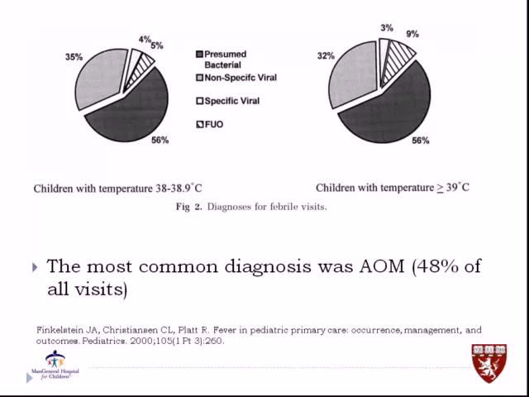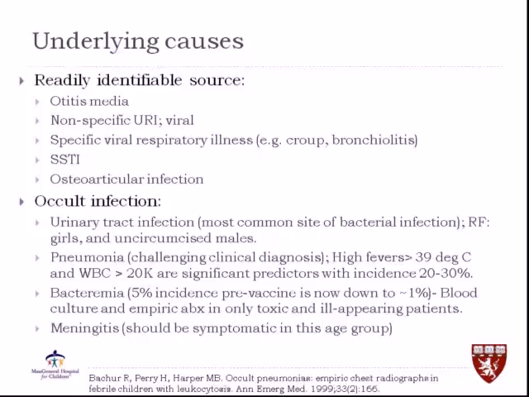The difference really was not earth-shattering when you compare those who present with low-grade or moderate-grade fevers to those with high-grade fevers. But really what I wanted to tell you here is that the phenotype of illness has not changed much in the last 15 years. So in this particular age group, otitis media is something that we see most often.